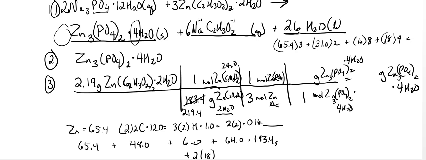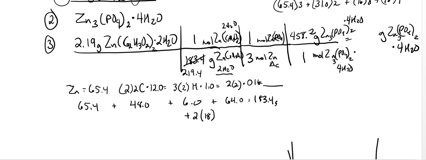Those of you who are just sitting there staring off into space, this is for a grade, what we're doing. Who's got it? Believe that's right. All right, so 2.19 divided by 219.4.